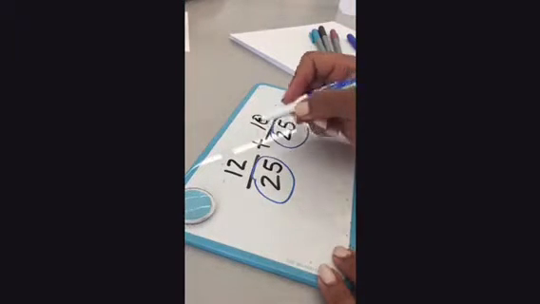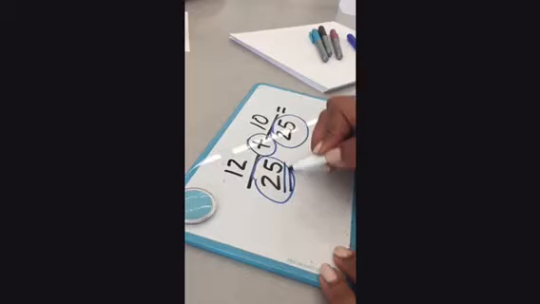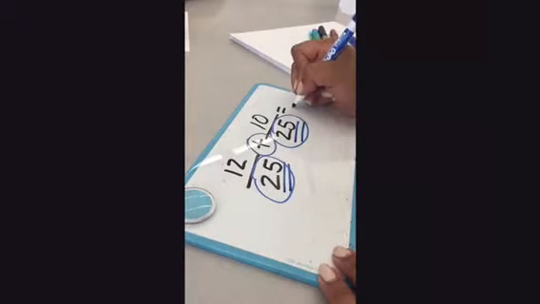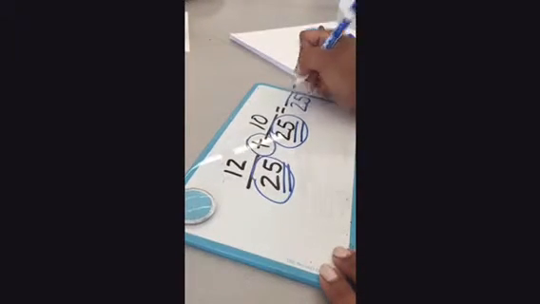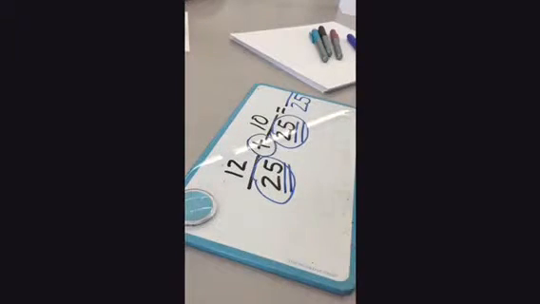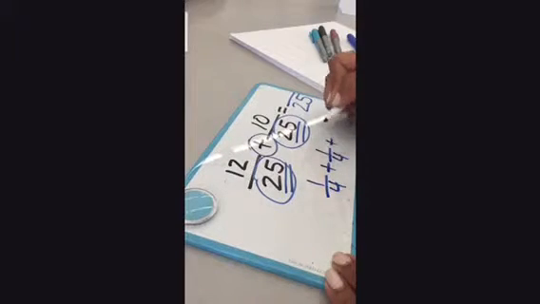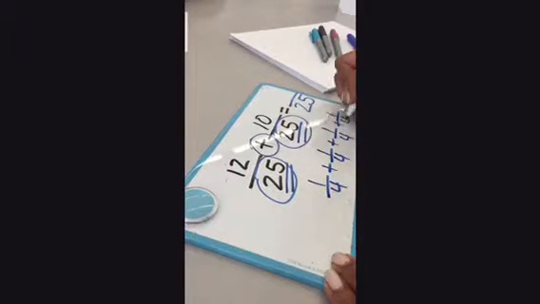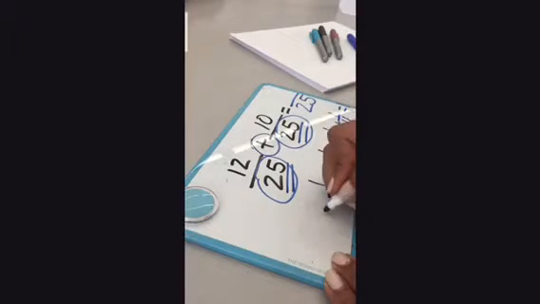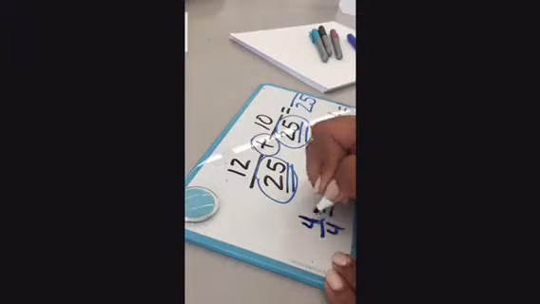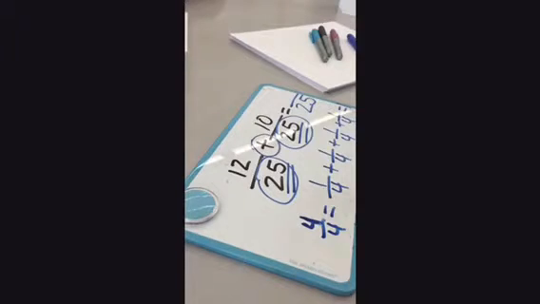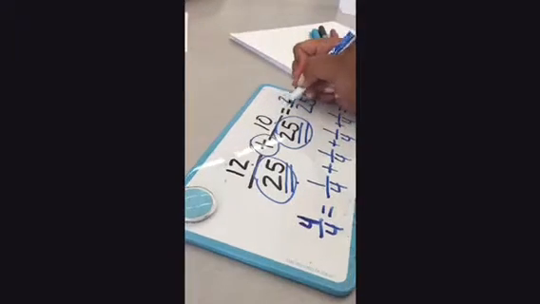As long as we have the same number on the bottom, we keep it the same, because it's like adding quarters. 1 over 4 plus 1 over 4 plus 1 over 4 plus 1 over 4 equals a whole, or 4 over 4. We just add the tops, and as long as the bottoms are the same, we keep them the same. So adding 12 plus 10 is 22.